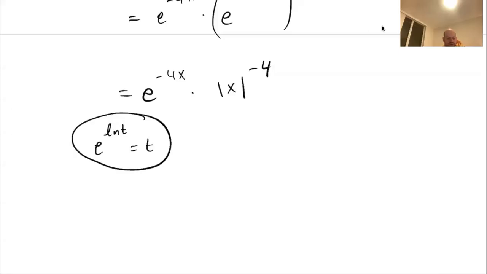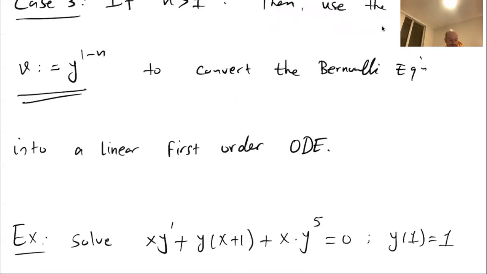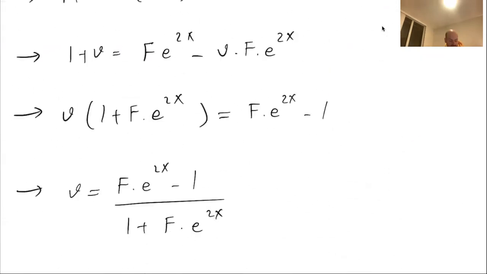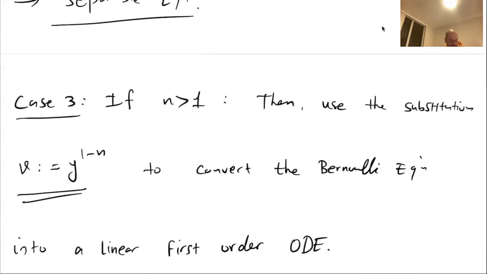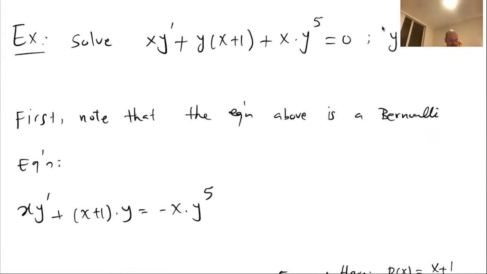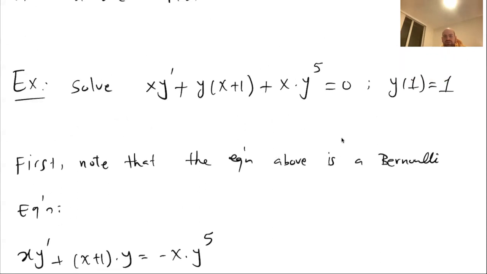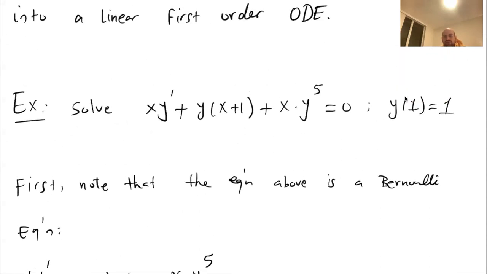Okay, now I want you to notice that we are looking for a solution around x equals 1. Remember, the initial condition was at 1, y of 1 equals 1. And remember that we said the solution of a differential equation exists and is unique locally around the given point x0. So basically our goal is to find a solution around this point.